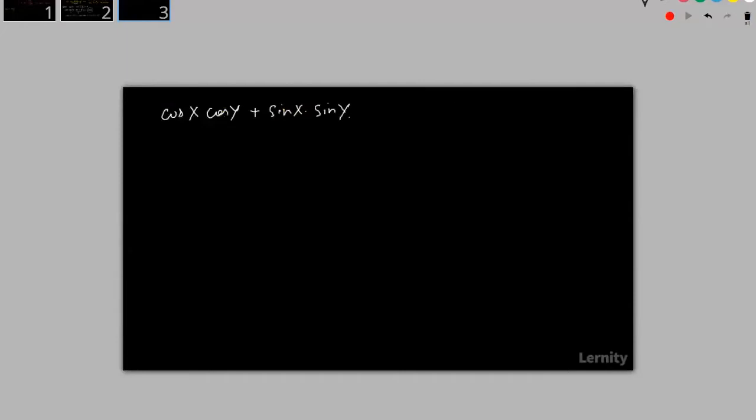So this means x is equal to cos of capital X, and y by 2 is equal to cos of capital Y, right?